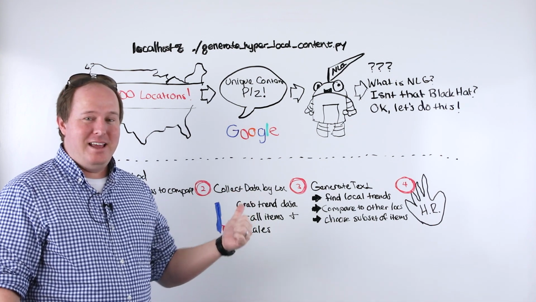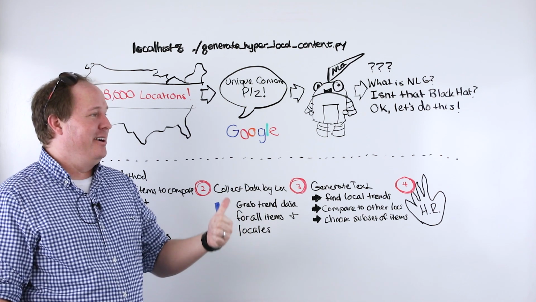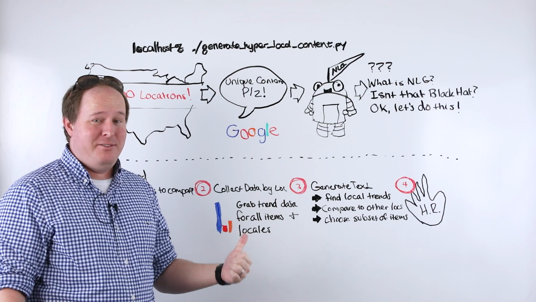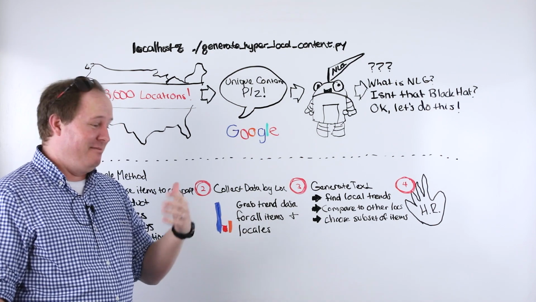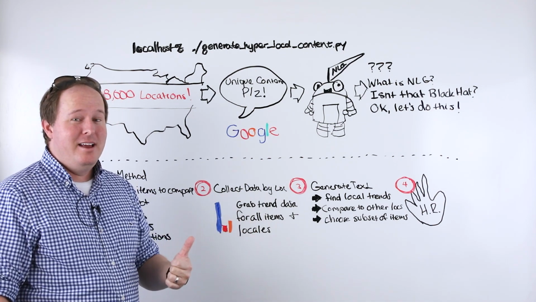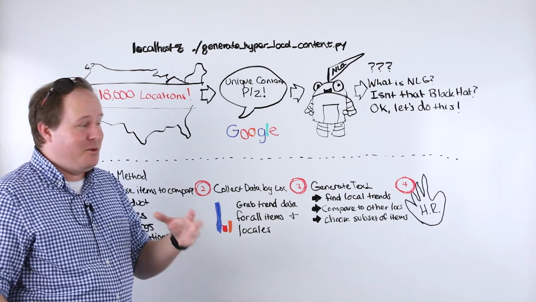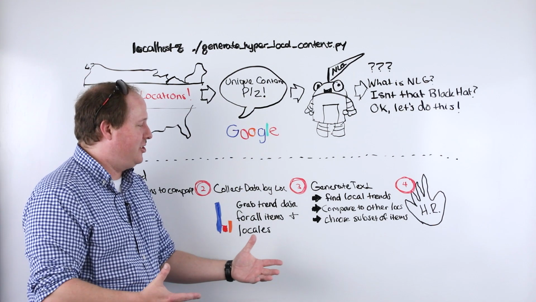But if you landed on the Pizza Hut page or the Domino's page and it told you that in the city where you live, people really like this particular topping, then you might make a better decision about what you're going to order. So we're actually providing useful information.